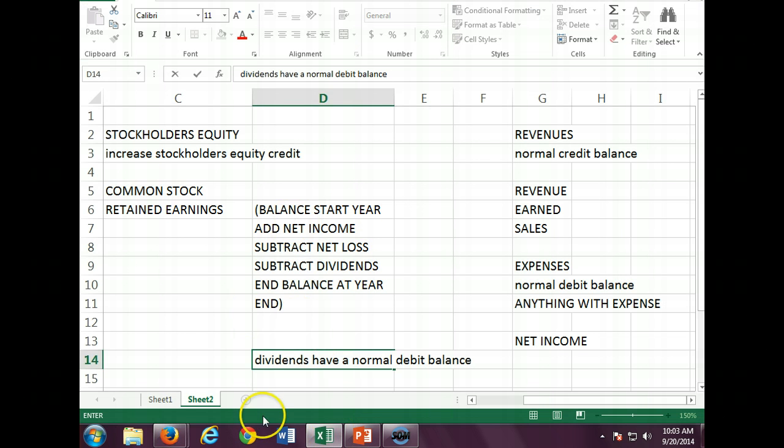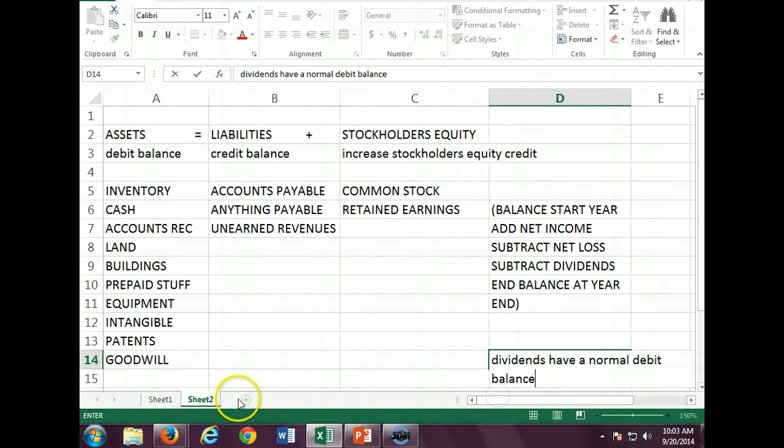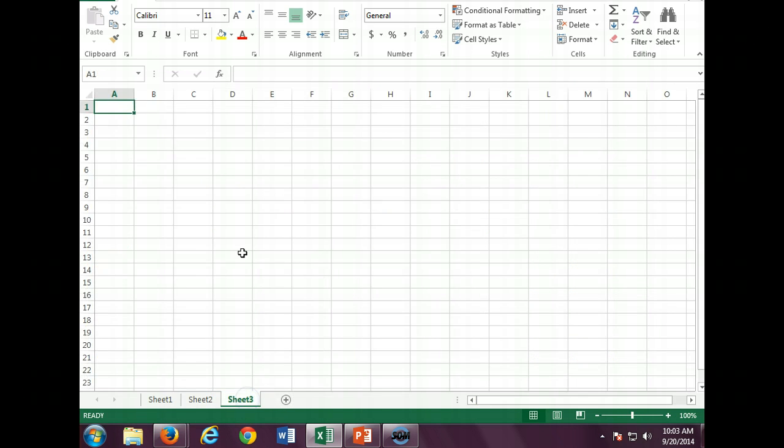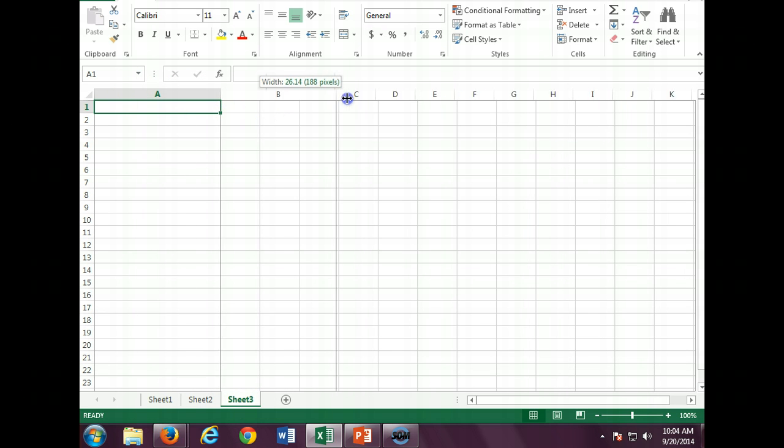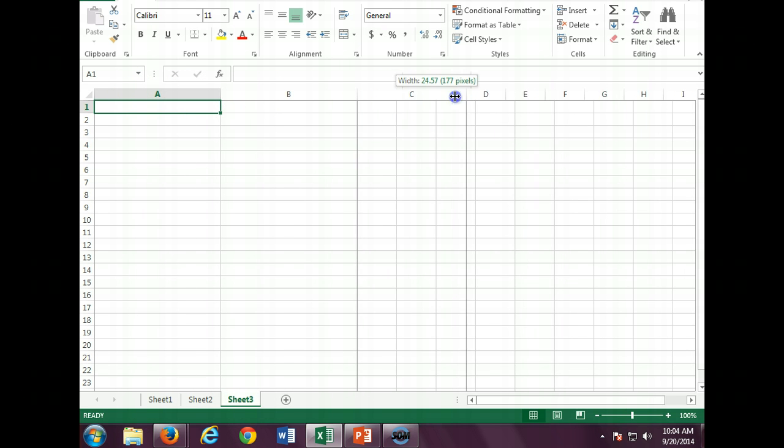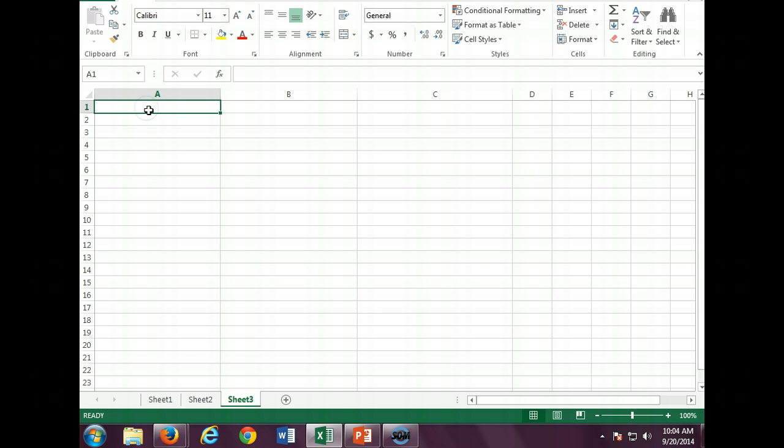So what I'm going to do is create a sheet that has assets, or is it stockholders' equity?